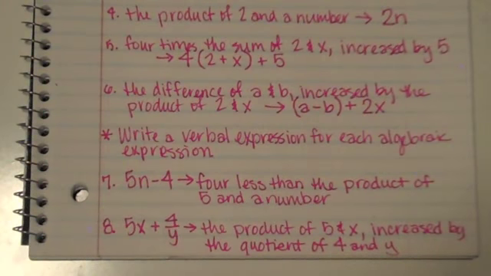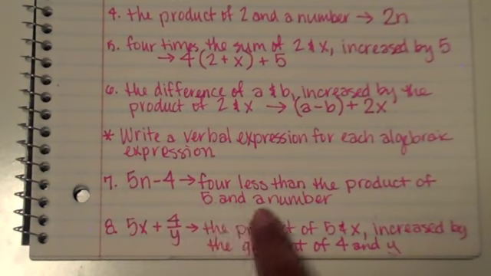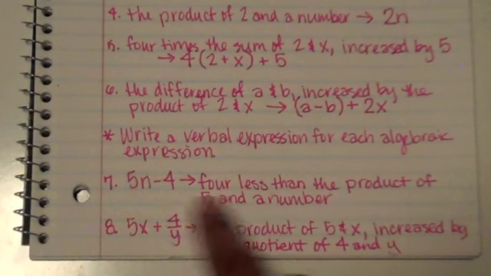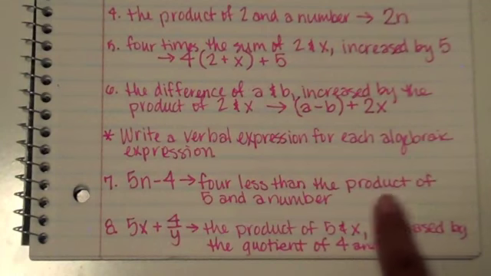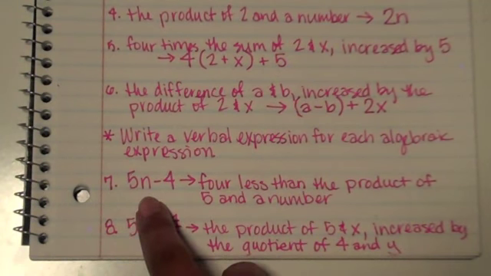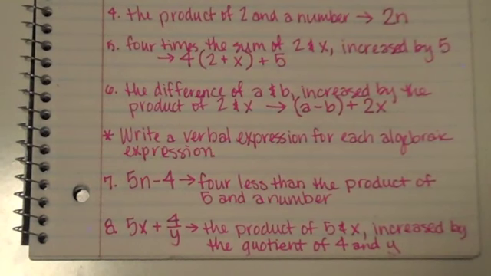Alright, so your answers may differ a little bit, but here's what I have for 5n minus 4. I have 4 less than, so that's my minus 4, the product of 5 and a number. So that's 5 multiplied by a number. Now, yours could be a little different, so you may have 5 times a number decreased by 4, or the product of 5 and a number less 4.